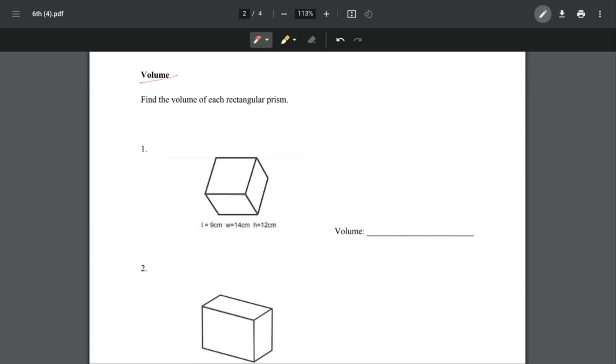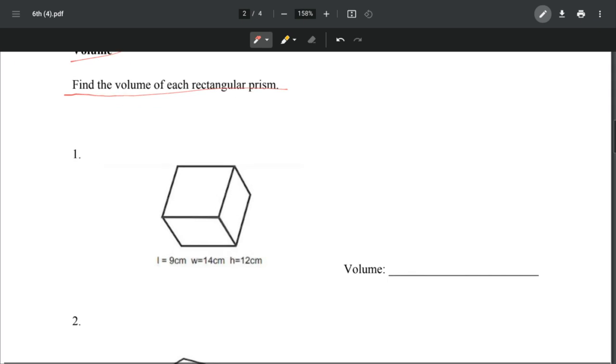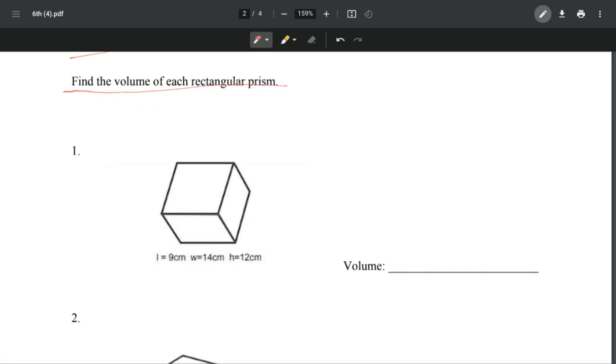So volume, we're asked to find the volume of each rectangular prism. And from last week, we remember that the formula of volume is length times width times height, right?